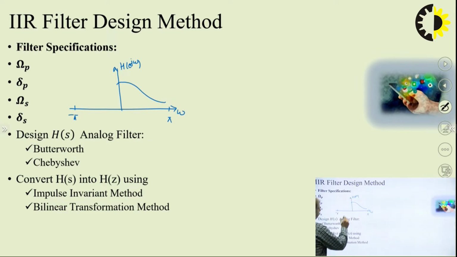So, we have a certain gain allowed in the pass band, up to omega p, up to which the magnitude can come down from 1 to say delta p, and a highest pass given delta s till omega s. So, this is the stop band frequency.